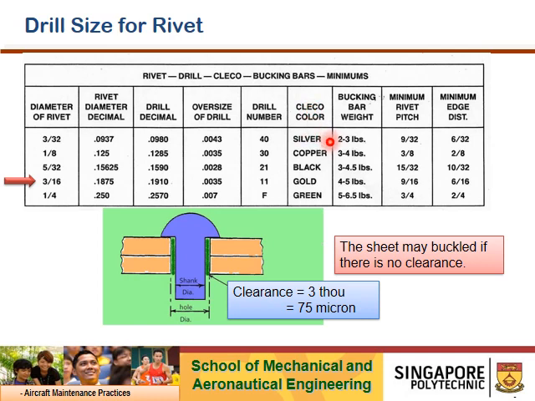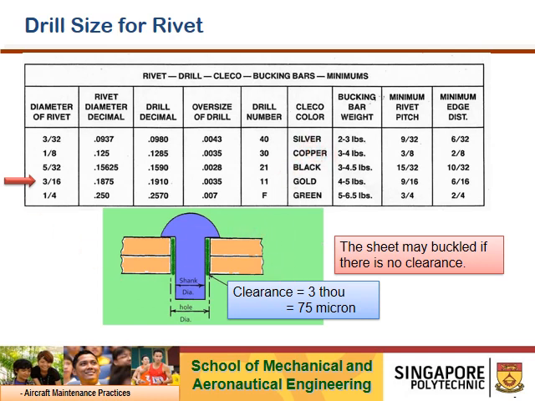But take note that there are various crack cones, color coded for various hole diameters. Silver is for 3/32, copper 1/8, black is 5/32, gold is 3/16, green is 1/4. We will talk about this when the slides appear in a later part of the presentation.